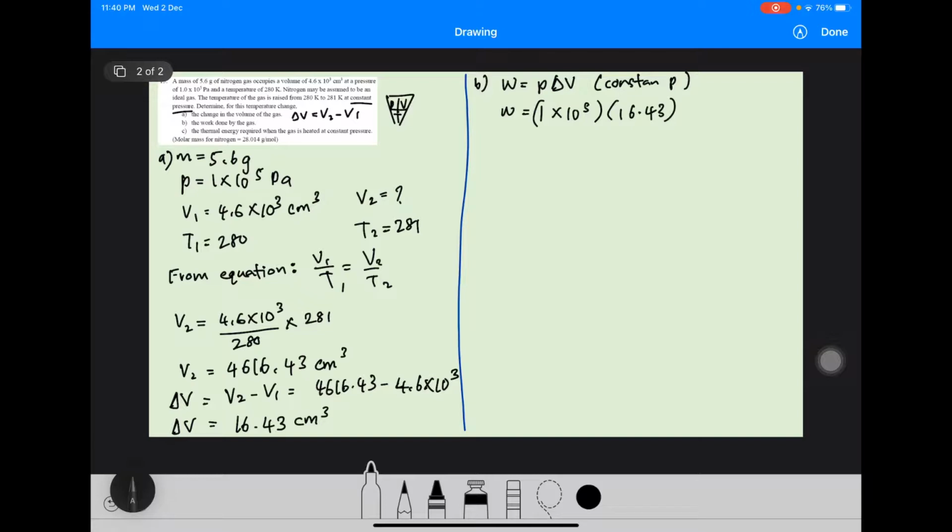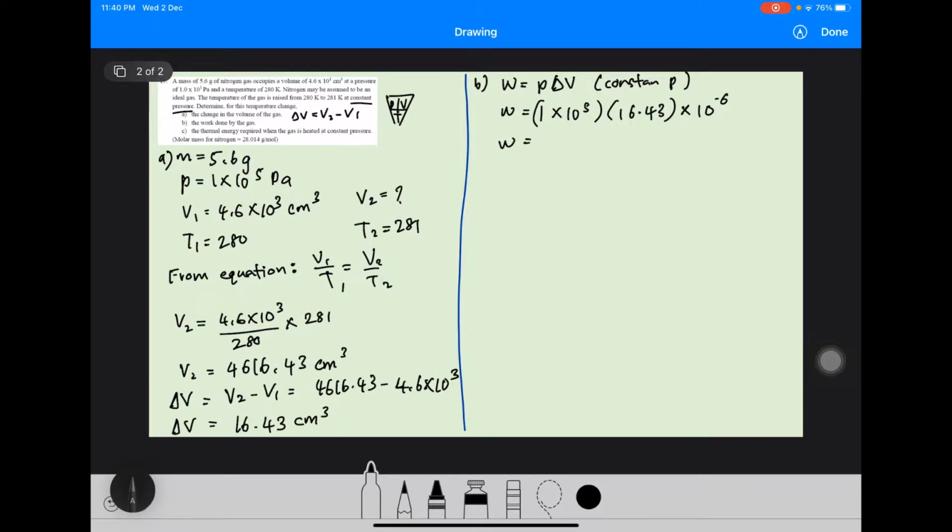But since we want to write work, whose final answer would be in joule, that means I have to change everything to SI unit. So the pressure is already in SI unit. The centimeter cube I have to multiply with 10 to the power of negative 6. So negative 6 because centimeter to meter is negative 2, and then multiplied by 3 because that one is cube. So now I should get... Oops, I think I calculated wrongly.